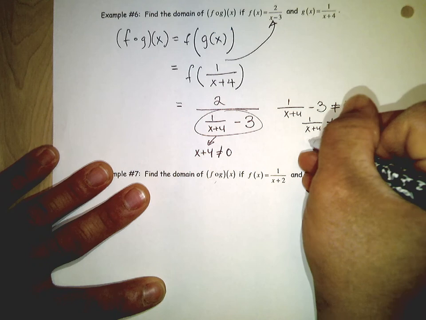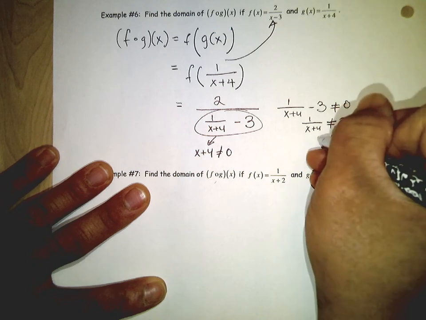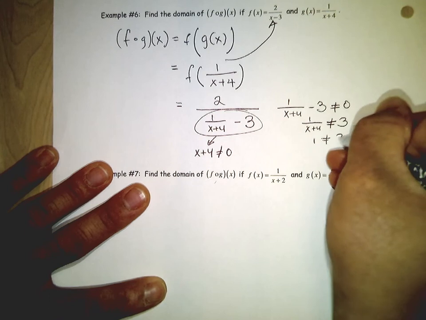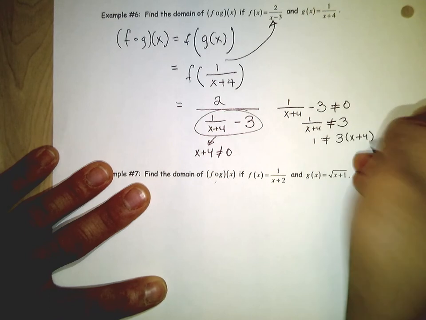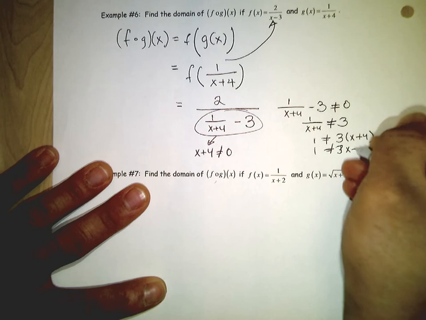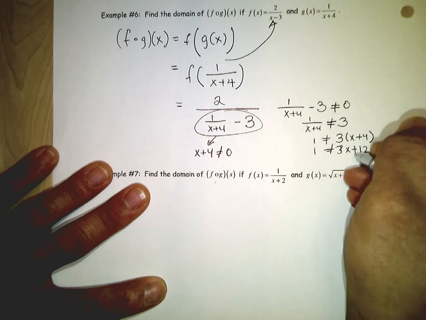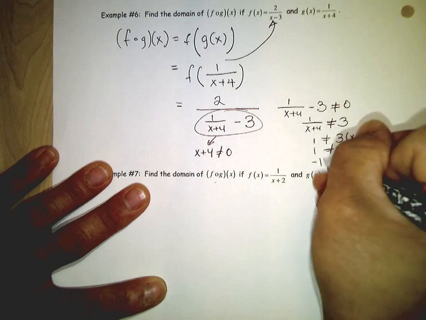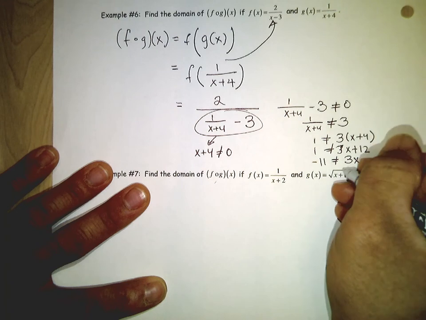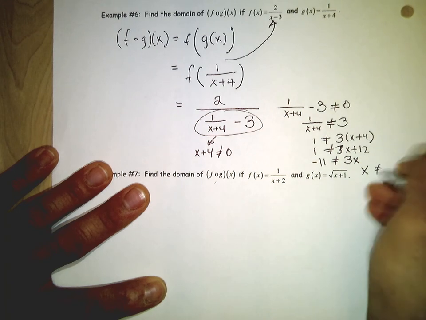And then I'll clear the fraction to get 1 cannot equal 3 times x plus 4. Distribute to get 1 cannot equal 3x plus 12. Subtract the 12 to get negative 11 cannot equal 3x. And divide by 3 to get x cannot equal negative 11 over 3.